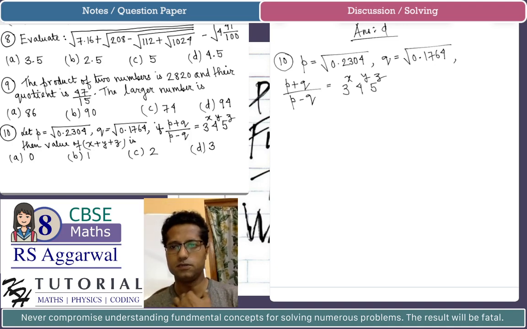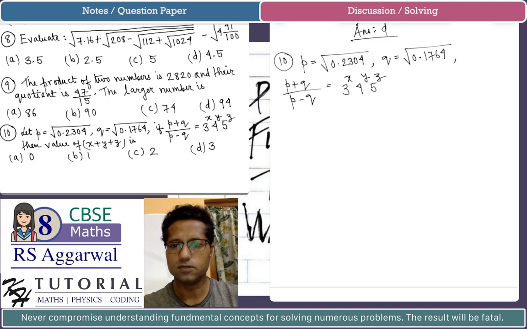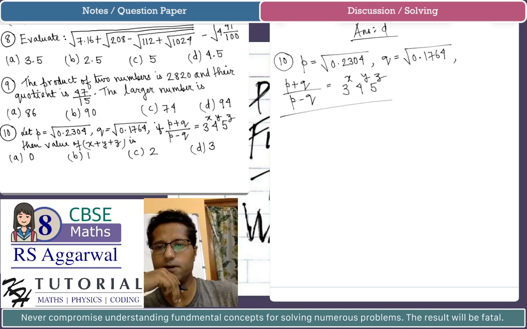P is the square root of 0.2304, and Q is the square root of 0.1764. And we are given this equation, (P plus Q) divided by (P minus Q).